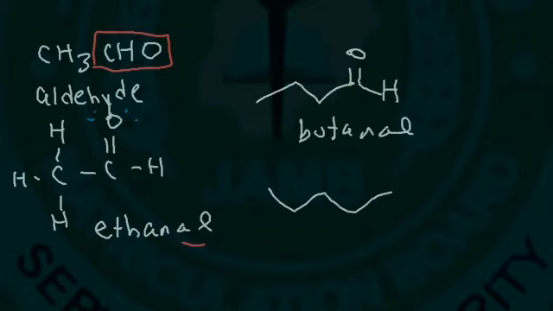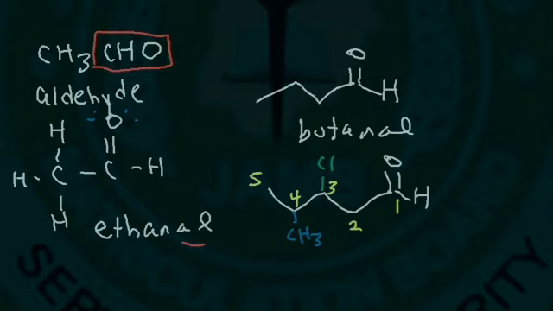And if we add some substituents to it, let's say if we throw in a chlorine and a methyl group, we can apply the naming rules that we learned before. So this is going to be carbon 1. The aldehyde has priority automatically. So that's carbon 1, 2, 3, 4, and 5.